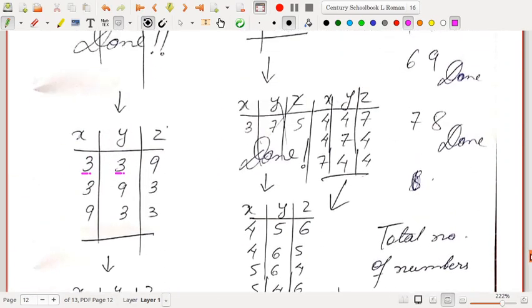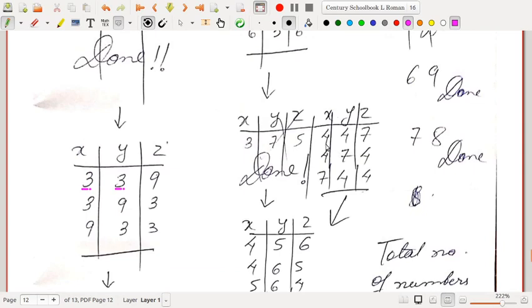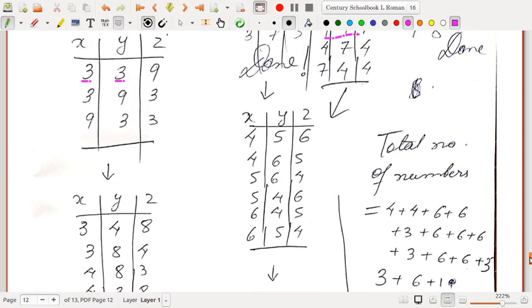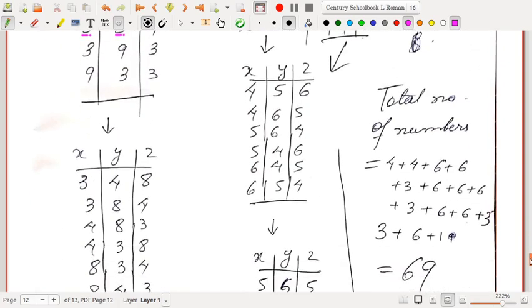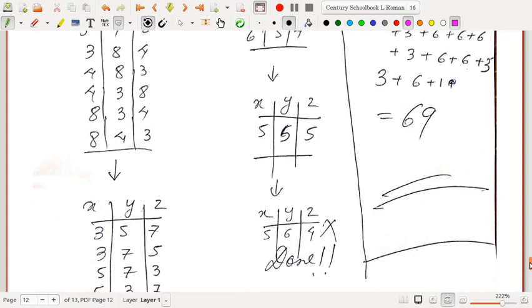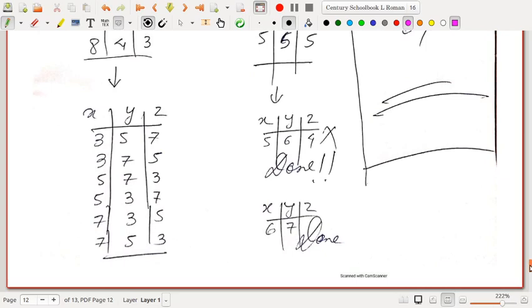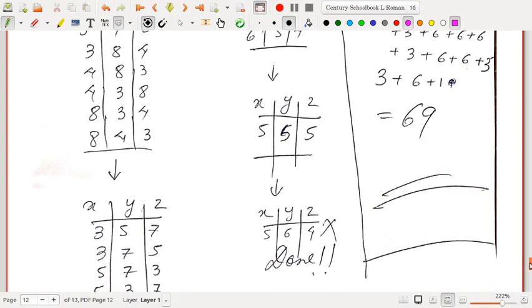Then we come to 4. With 4, 4, 3 is not required because 3 was already considered. Then 4, 6 is not required because it is already considered here. 4, 7 is similarly already considered. So 4, 8 is also considered.